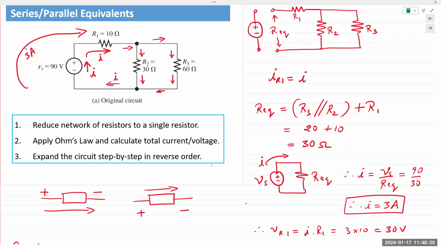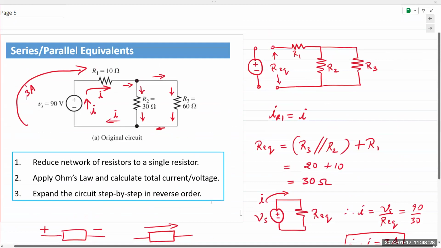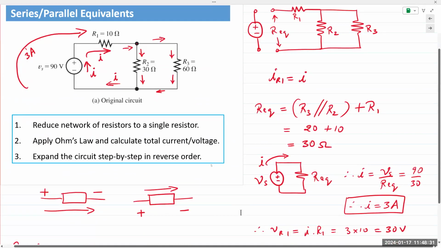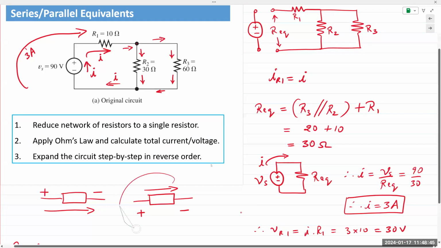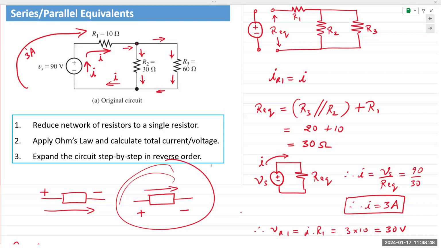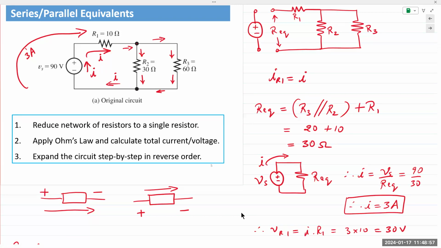What is the voltage polarity? We just talked about it, right? For resistor R1, where is the plus? Is it on the left or the right? The point of entry. If a component has a current direction, and the current direction is known to us, point of entry is plus, point of exit is minus.